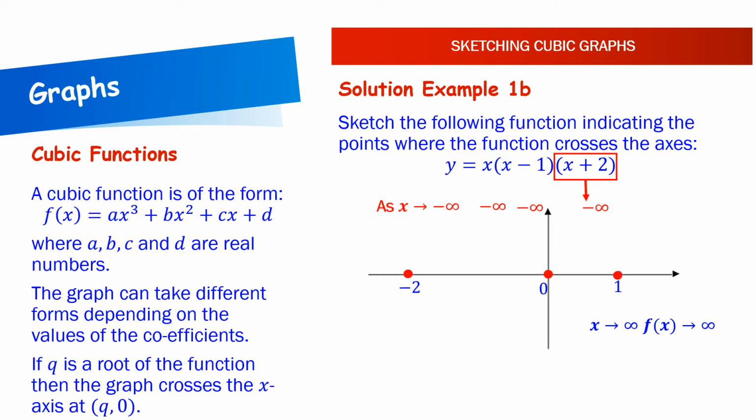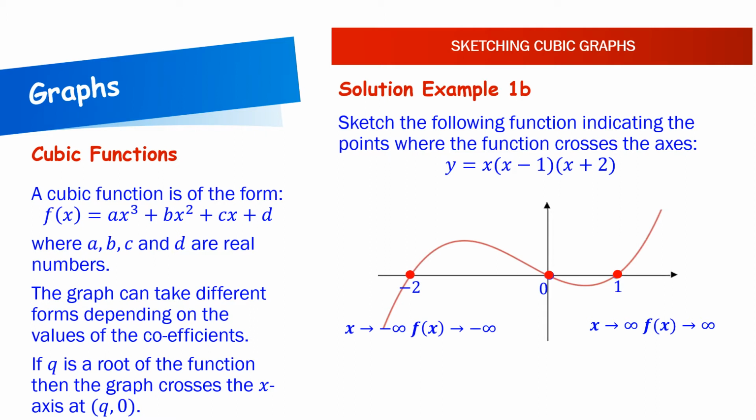Therefore, when we multiply them by each other, f of x tends to minus infinity too. So as x tends to minus infinity, f of x tends to minus infinity. And so when we plot our graph incorporating these points, the graph should look something like this.